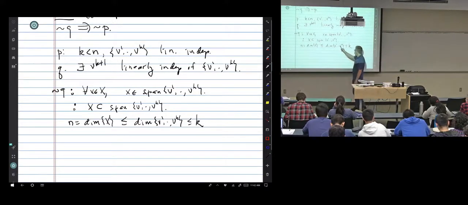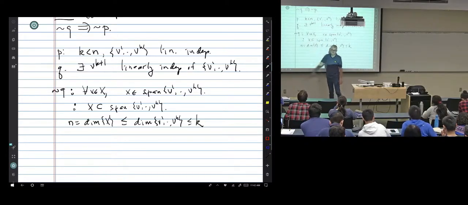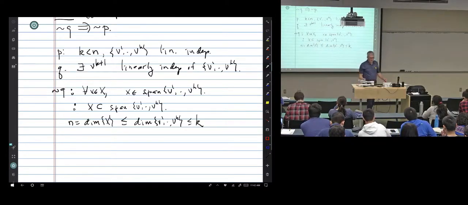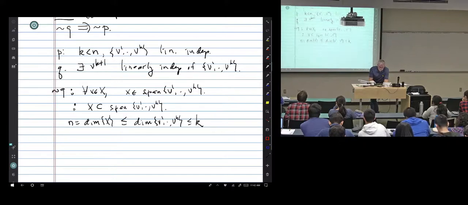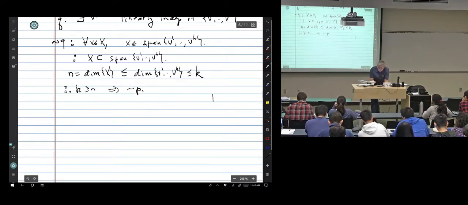These guys were linearly independent, so it's actually equal to k, but I don't really care. And so this gives me not P. K strictly less than n, the negation of that, is that k is greater than or equal to n. And that's what I have. So conclusion, k is greater than or equal to n, which implies not P.